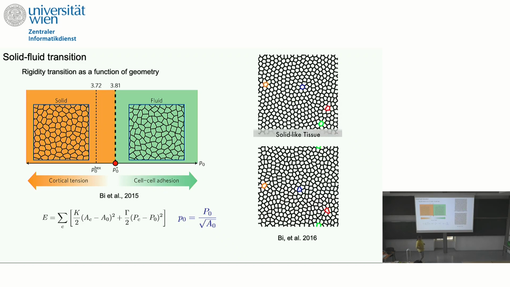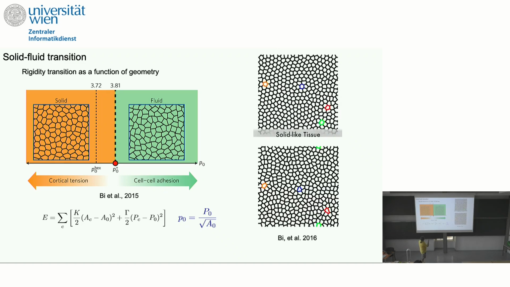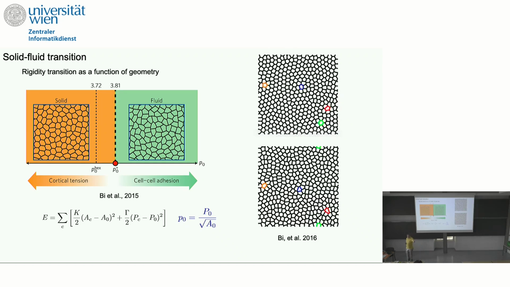In here, if you increase P naught above the critical value, exactly the same idea, you put the cell propulsion activity to the center of the cell, and you let them go around. But now cells have a lot of extra perimeter, which allows them to change their shape, so they can squeeze around.